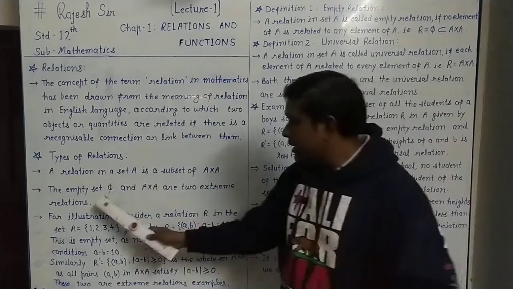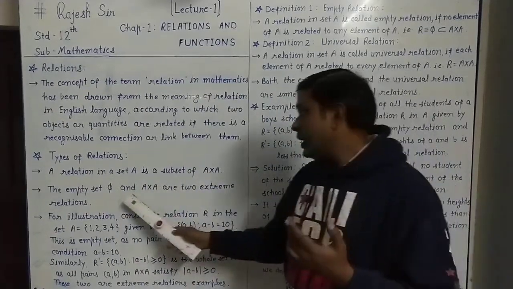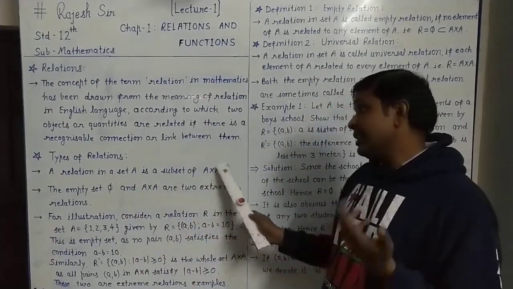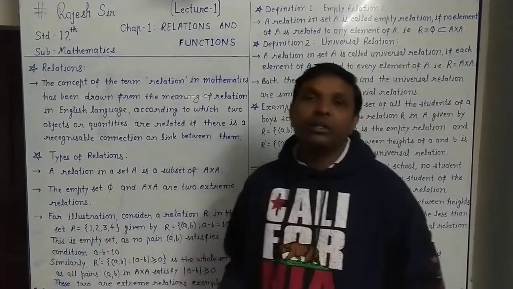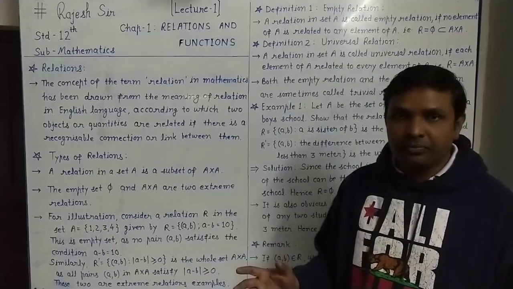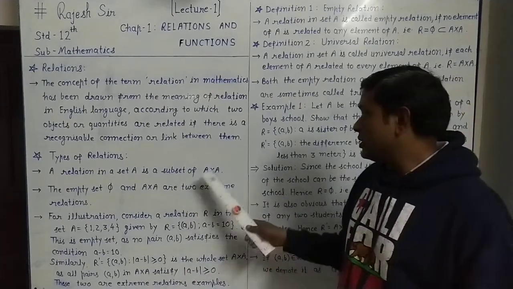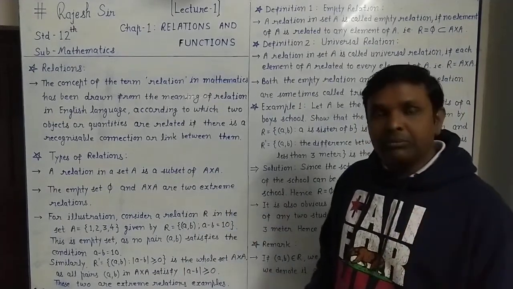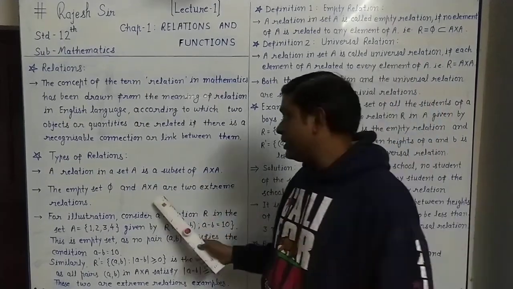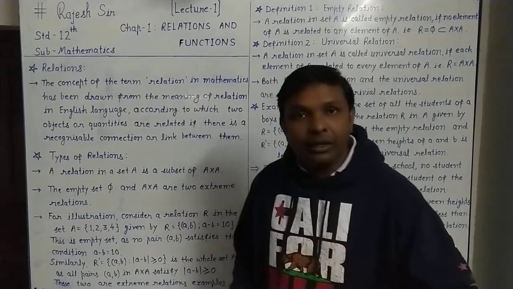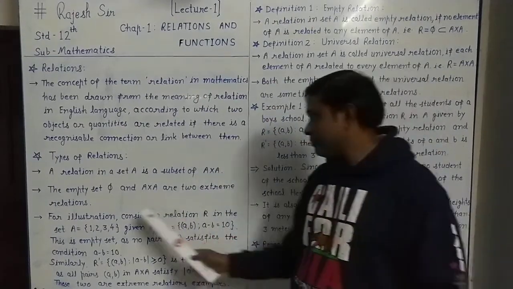So the empty set, which is a subset of A cross A, and the set itself, that is A cross A, are called extreme relations.